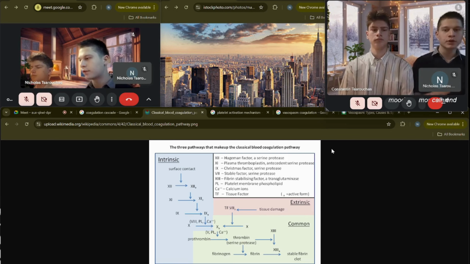And then we come on to the common pathway where these two merge, which is from the formation of 10a.